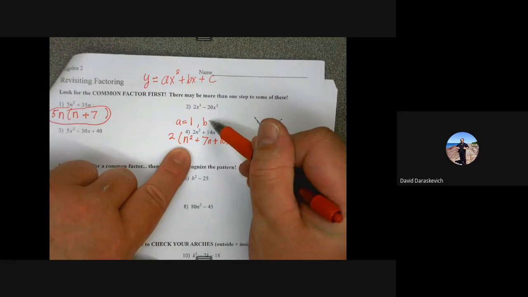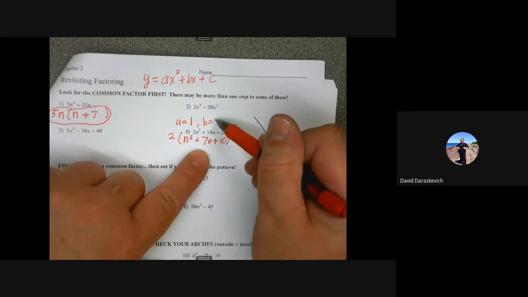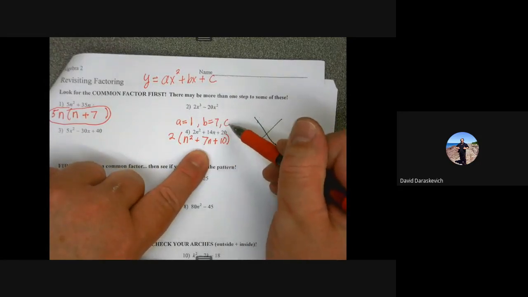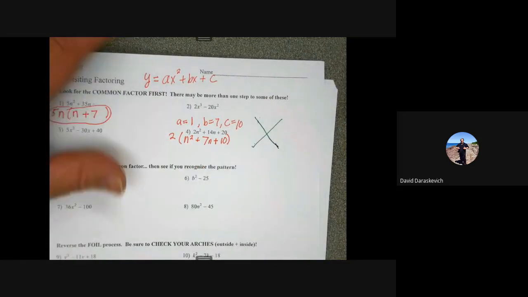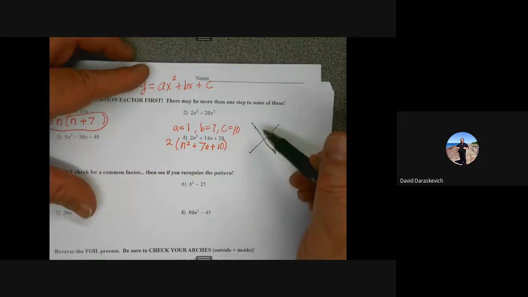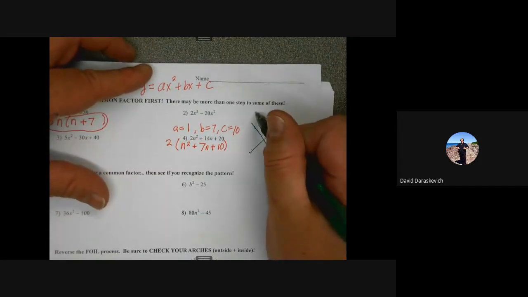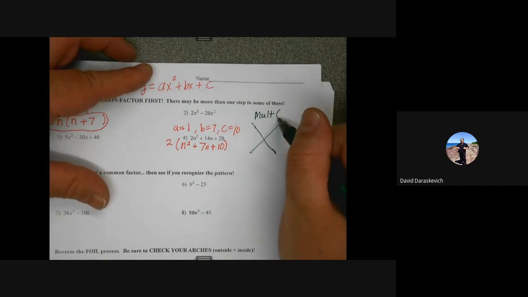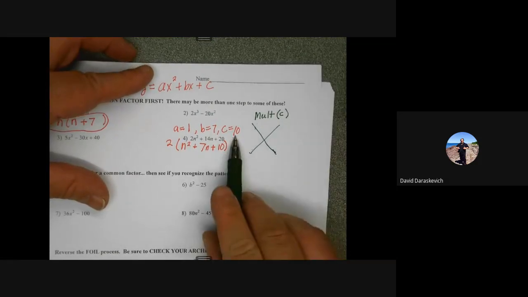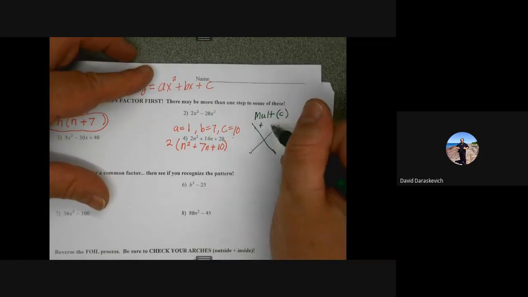My B is 7. And my C is 10. So this top section, if you remember, is the two numbers being multiplied to get our C. Okay, our C in this problem is positive 10.